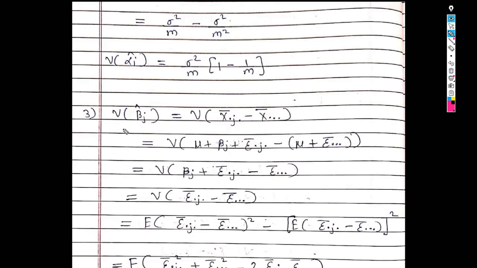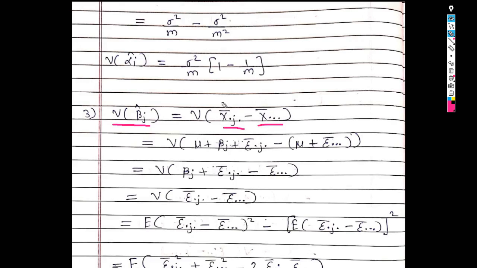Now we will find variance for beta j hat, that is jth column effect. So we know that estimate of beta j is jth column mean minus grand mean. So take variance of x dot j dot bar minus x dot dot dot bar.